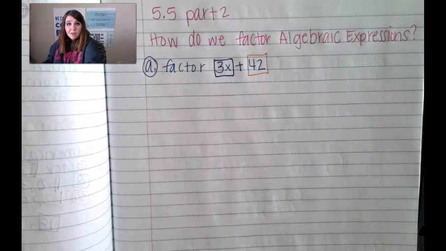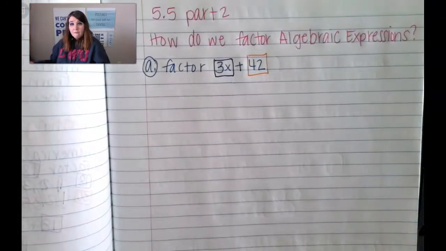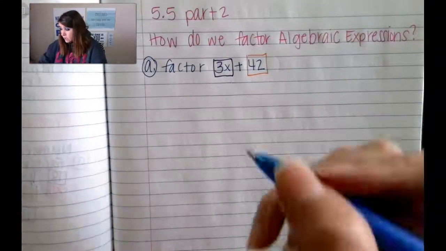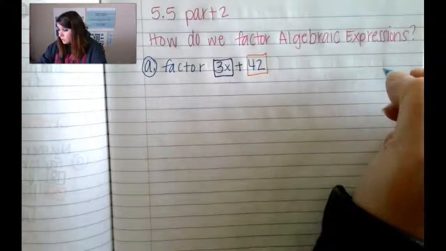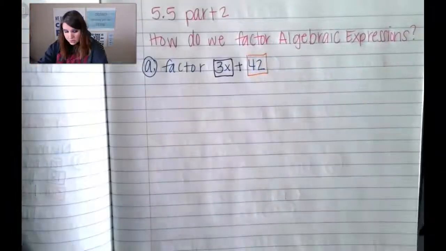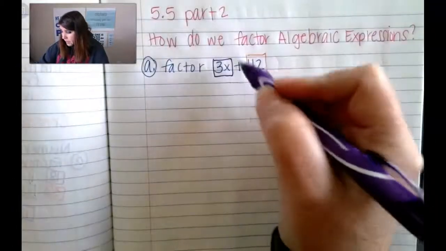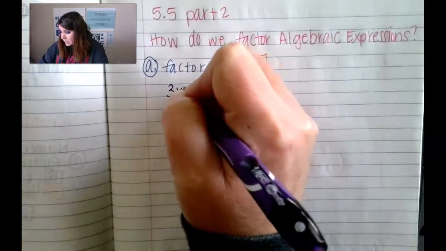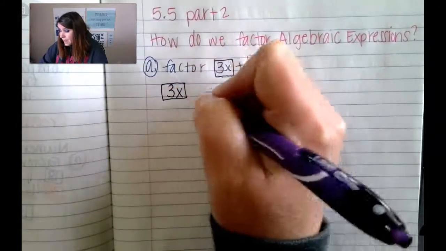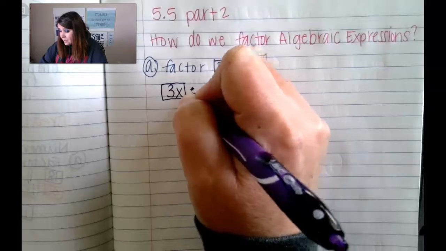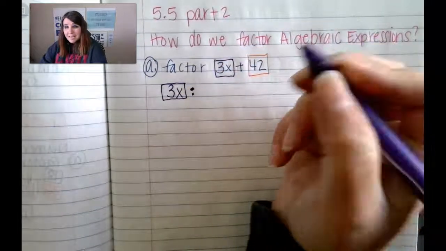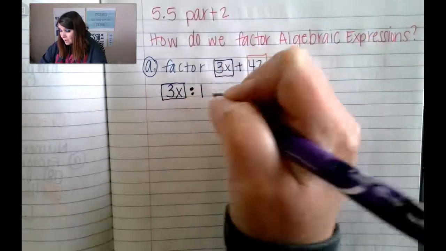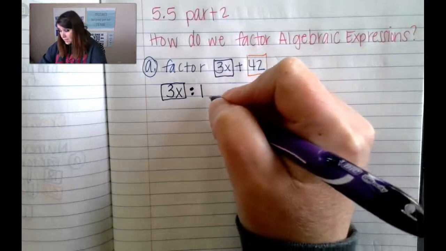So we need to find the factors of 3x first. Let's use purple since I boxed it in purple. When I find the factors of 3x, to get 3, it's really just 1 times 3.